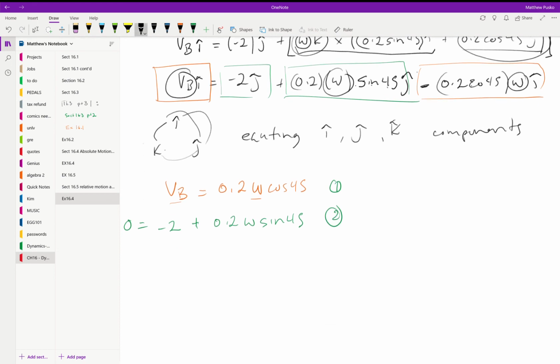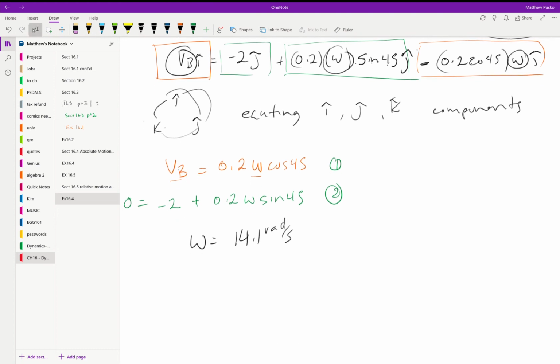Change color again. Omega should come out as positive 14.1 radians per second. And the velocity of b will then be 2 meters per second. And we know it's going to the right, so give it a positive.